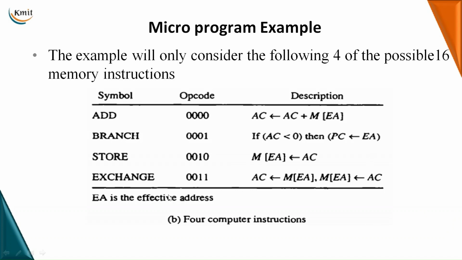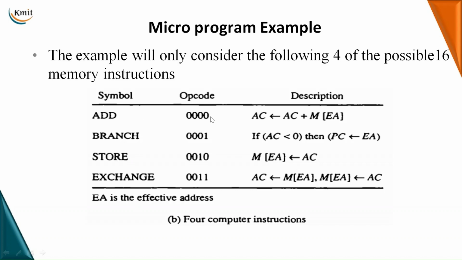This example will only consider the first 4 possible memory instructions. We are not concentrating on all the 16 memory instructions, only the first 4: 0000, 0001, 0010, and 0011. We'll just look at those examples.